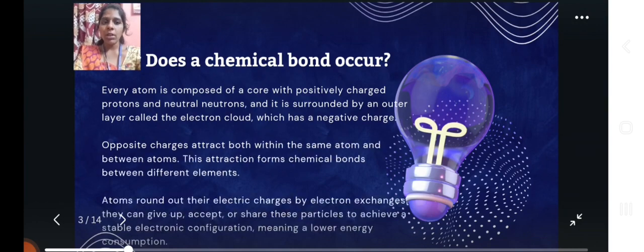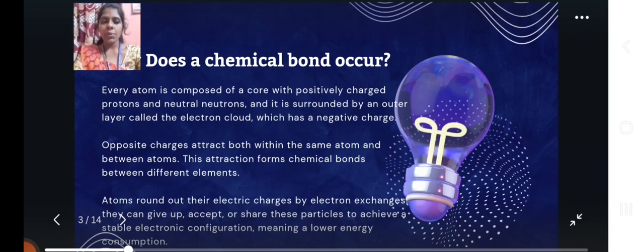How does a chemical bond occur? Every atom is composed of a core with positively charged protons and neutral neutrons, and it is surrounded by an outer layer called the electron cloud, which has a negative charge. Opposite charges attract, both within the same atom and between atoms.